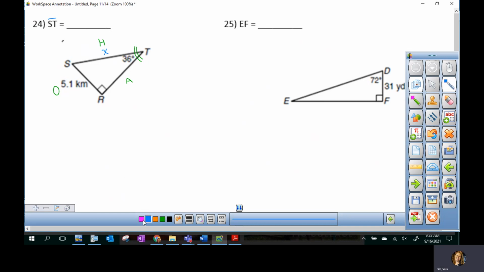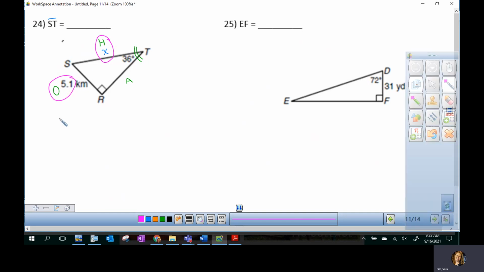We obviously have to use the hypotenuse because that's what the question's asking for, and then the known side. So O and H, what trig function? Sine of an angle is opposite over hypotenuse.